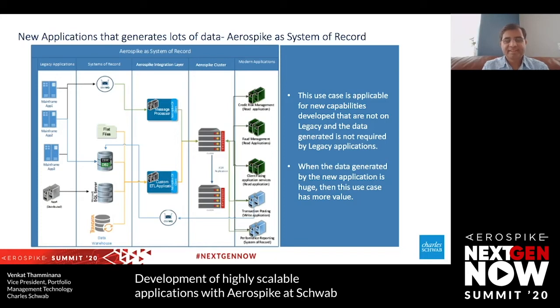All of the historical data that is available, we can query in real time, and we are able to keep up with our SLAs with the customer channels. So this is kind of an evolution on our modernization journey.